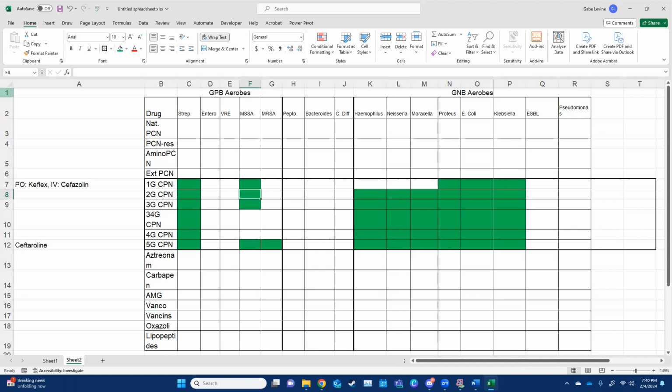The 2nd gen not cover staph? Oh, you're right. My bad. Right, because we lose it and then we gain it back. Did I have that right in the... Should probably be following... Oh, I have to fix that.